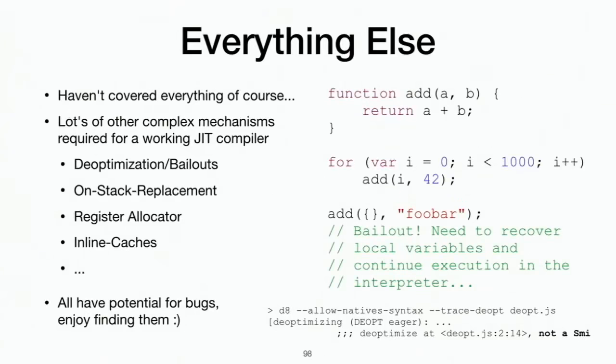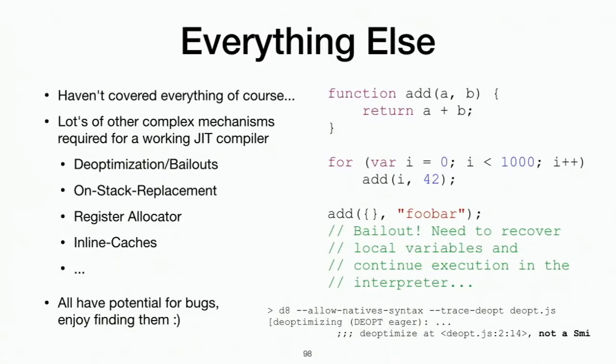All right, so that brings us to the end. Obviously, we haven't covered everything, so there's a lot more to these compilers. There's this bailout mechanism, which I only touched on. It's quite complex, actually, to just at some point in the function go back to the interpreter and continue executing code there. So there's some potential for bugs there.